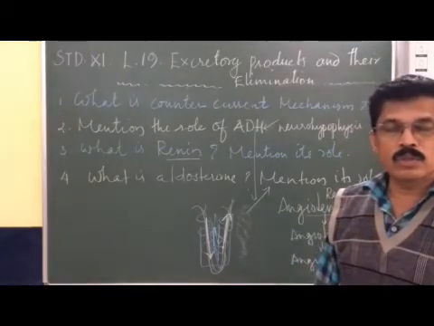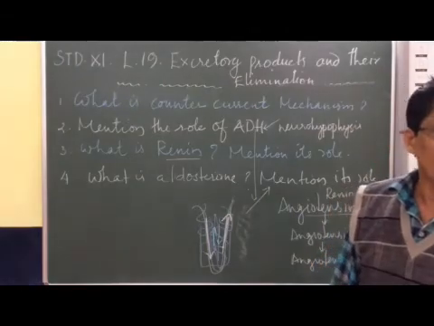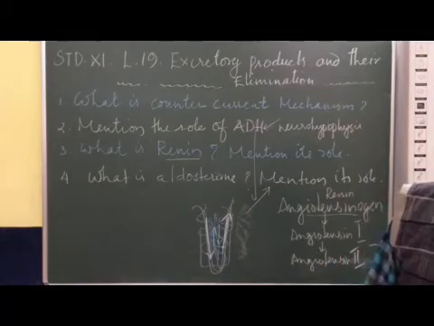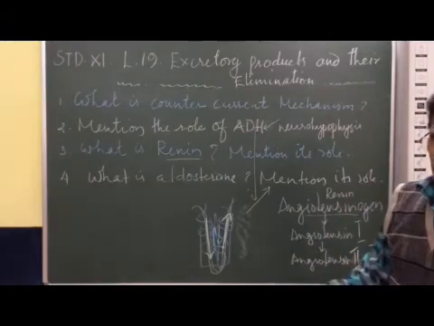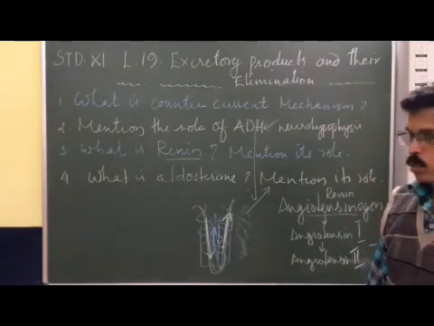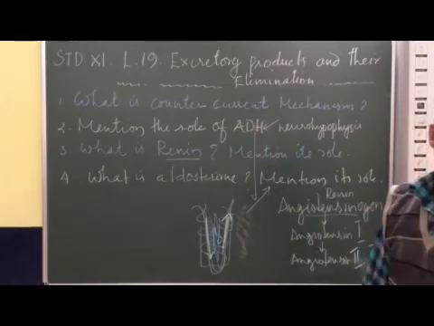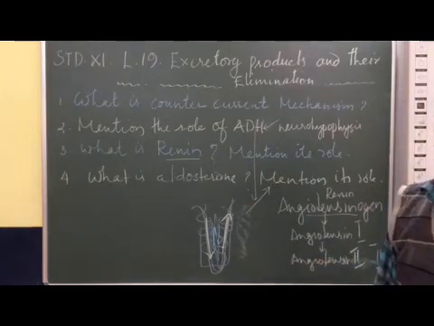Actually, the distal convoluted tubule is designed for more absorption of water and also other molecules like hydrogen ions and sodium ions. So more water will be reabsorbed through the distal convoluted tubule because of the effect of aldosterone.